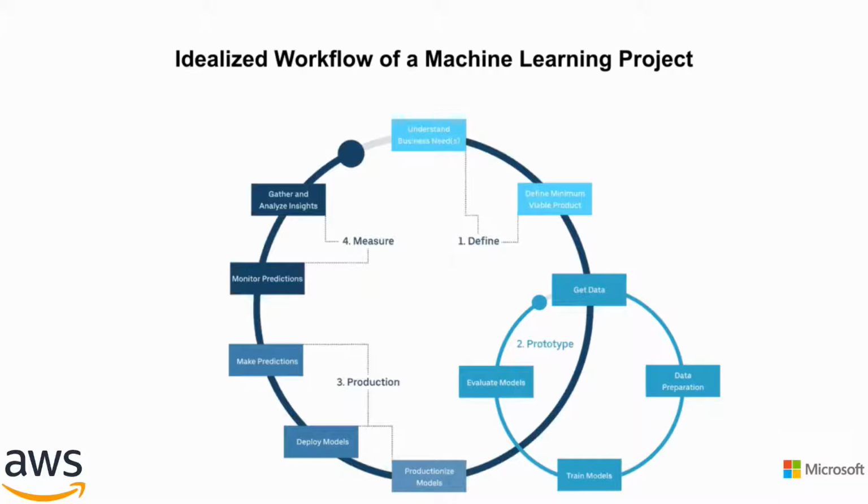So this is kind of an idealized workflow. In real life, it really doesn't work like that, because it depends on the company. Sometimes it's just one person doing everything, and sometimes there's no one doing business needs, and people just move into solution mode. But this is what we expect from a normal machine learning project.